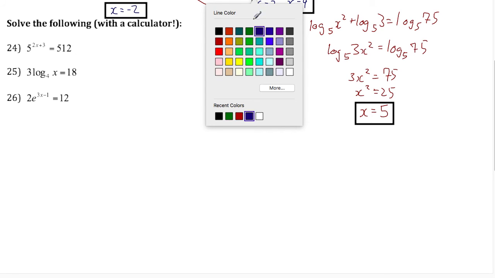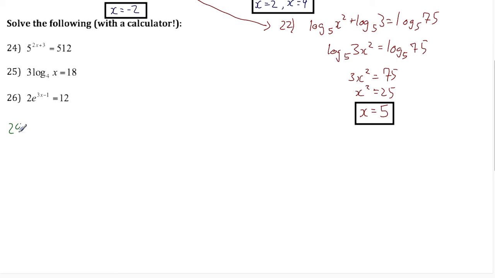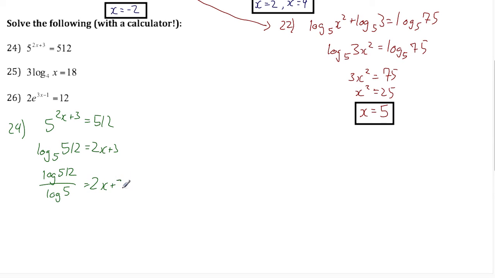Okay, so we'll do 24 down here. So 24, we have 5 to the 2x plus 3 equals 512. We want to rewrite this as a log. So we get log base 5 of 512 equals 2x plus 3. We can evaluate this using the change of base, which is log of 512 over log of 5 equals 2x plus 3.